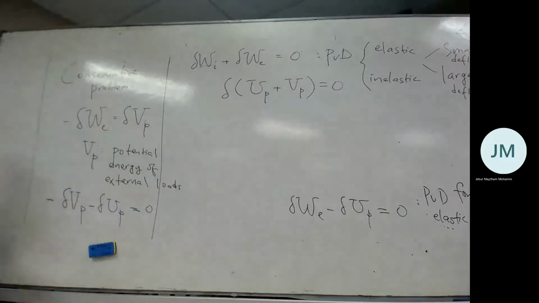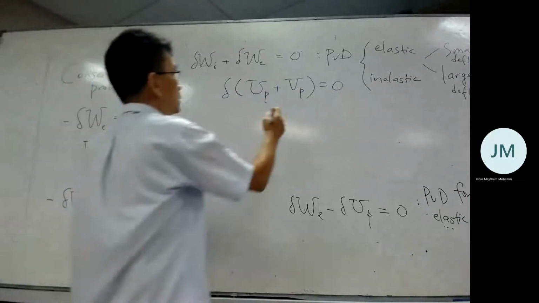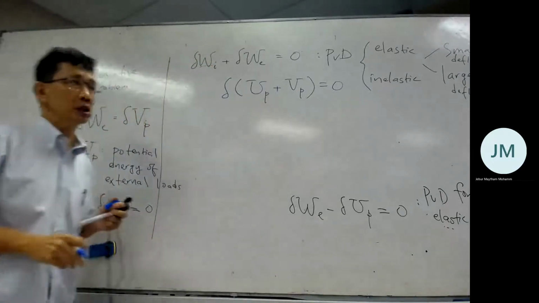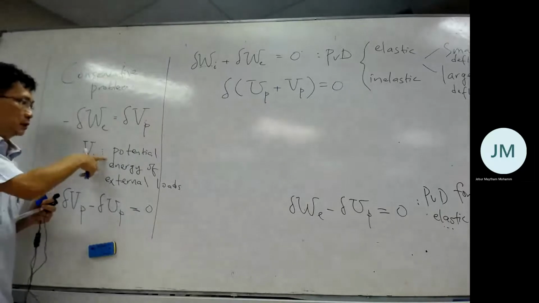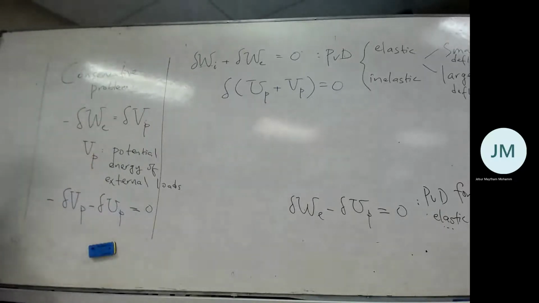So this is the statement of PVD, which is valid for conservative problems, where UP is the strain energy and VP is potential energy of external load. Remember that? UP is strain energy and VP is potential energy of external load.